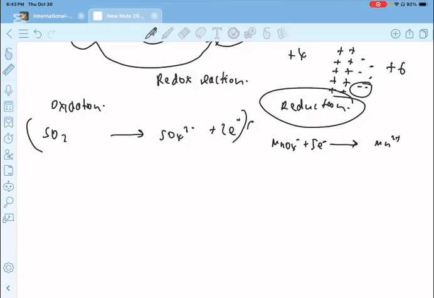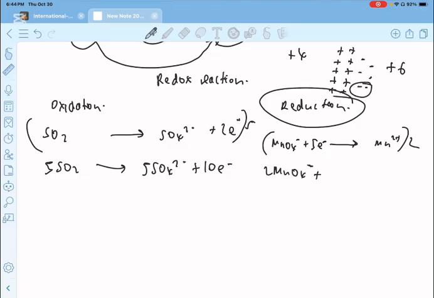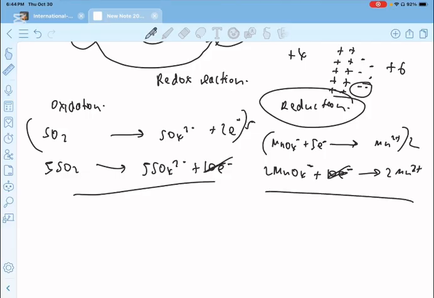You can multiply this equation by 5, and you can multiply this equation by 2, so you get 5 SO2 to give you 5 SO4 2 minus plus 10 electrons, and on this one will be 2 MnO4 minus plus 10 electrons to give you 2 Mn2 plus. Combine these two, the electrons will cancel out, and you'll get your exact answer, okay? So yeah, that's how you do that.